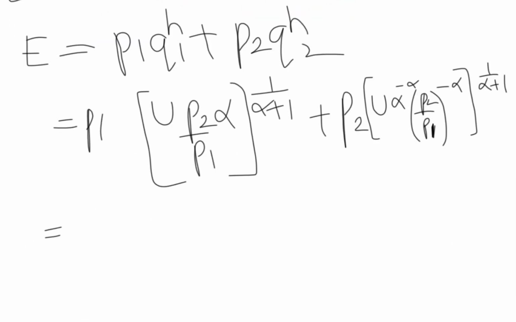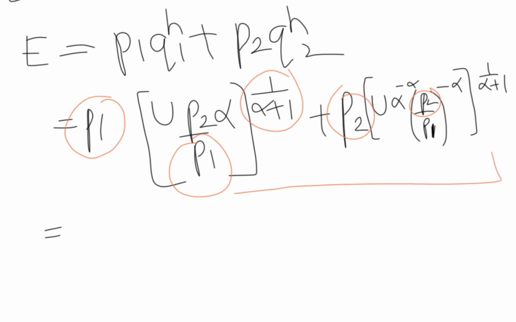You can solve the expenditure function further by getting common terms together, P1, P1, and consider the power that's here. Similarly, P2 is here, P2 is also here, and then we can further simplify this expression. This can be done at your end.